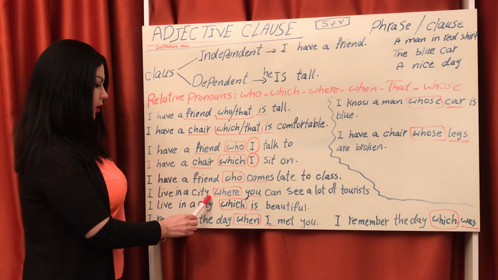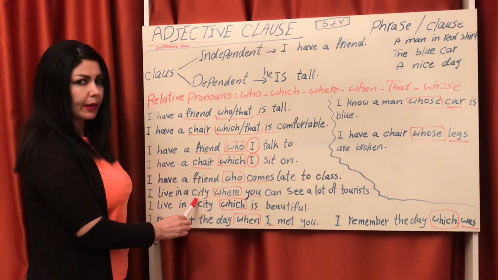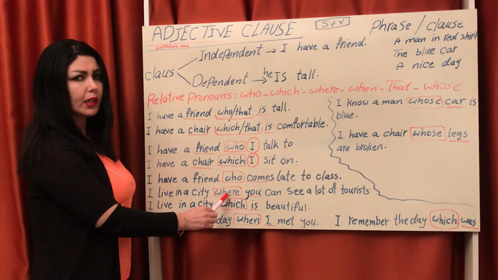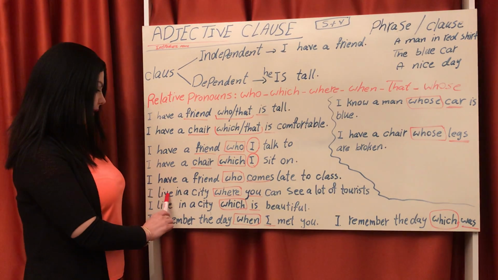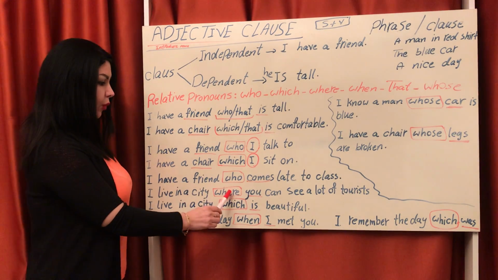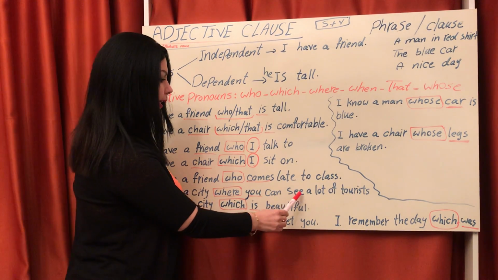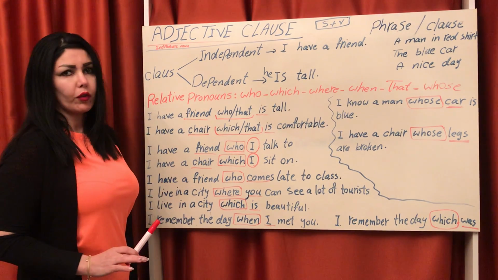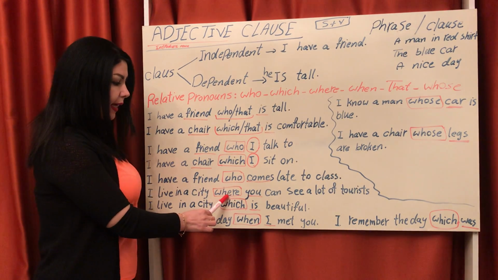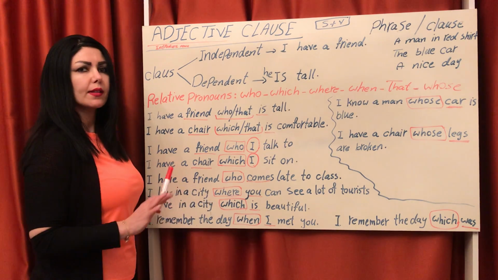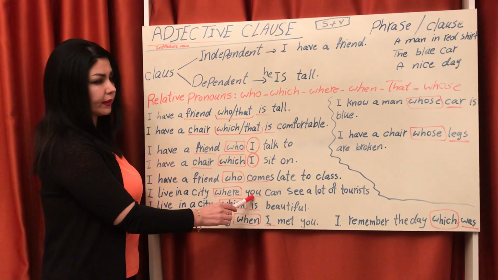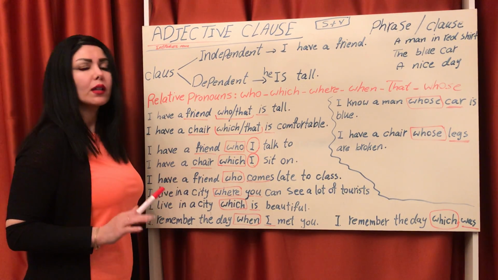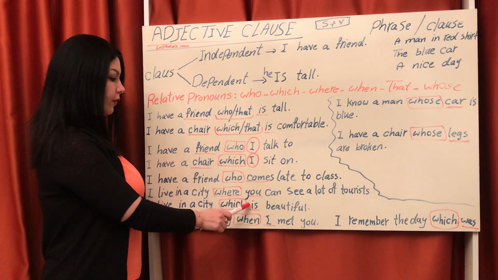Because city is a place, we use where. I live in a city where you can see a lot of tourists. Be careful. After where, we just use a subject. After where, we can't use a to be verb.